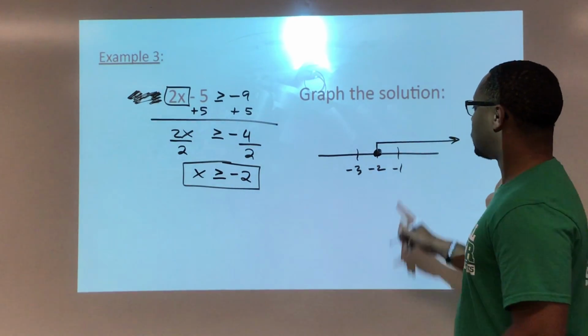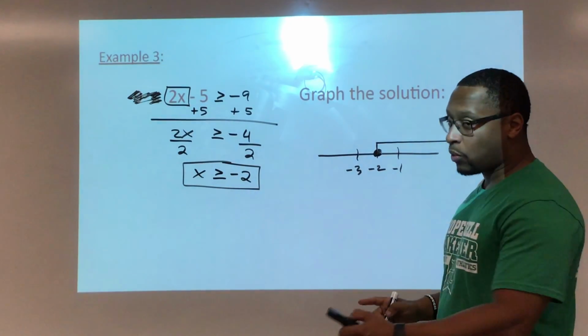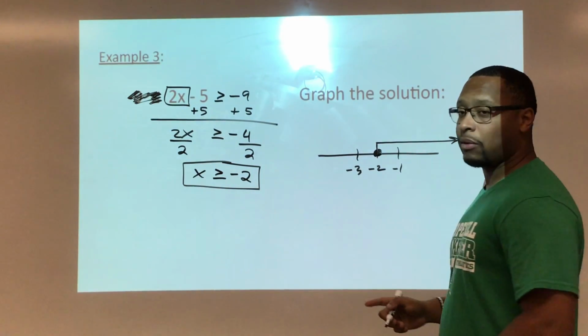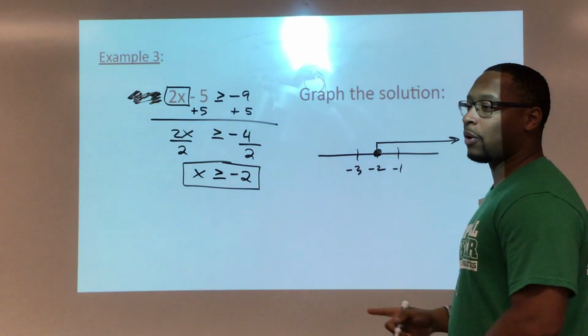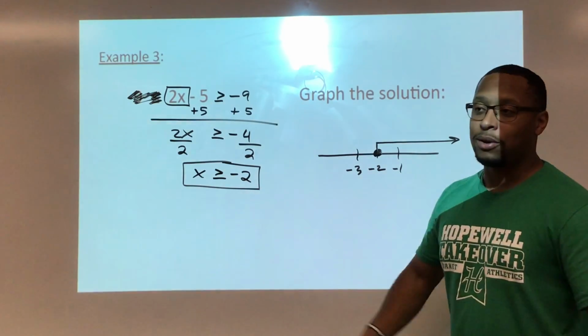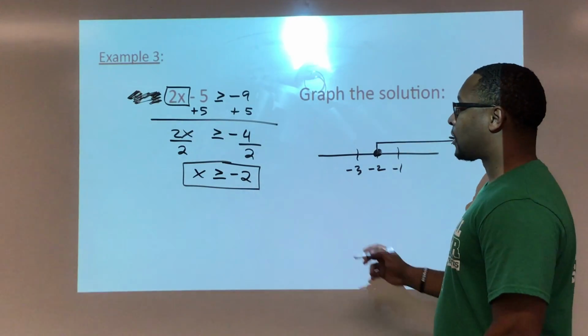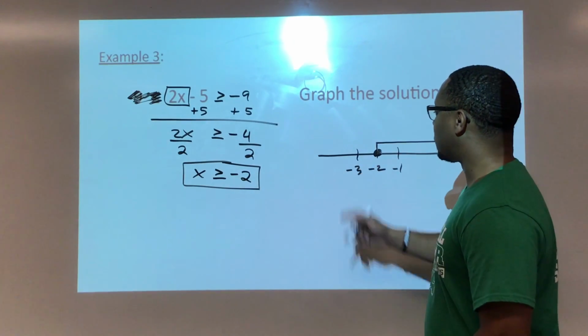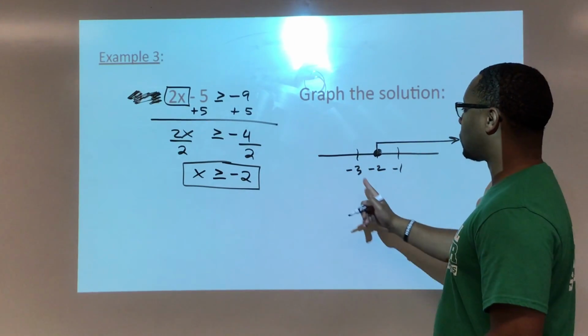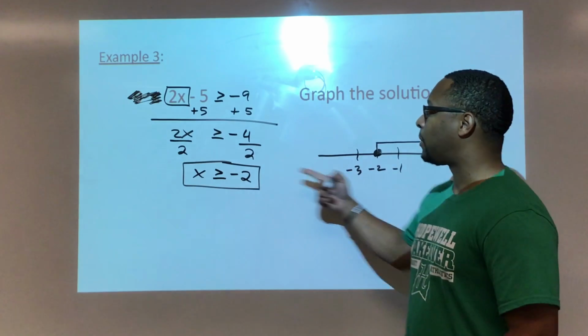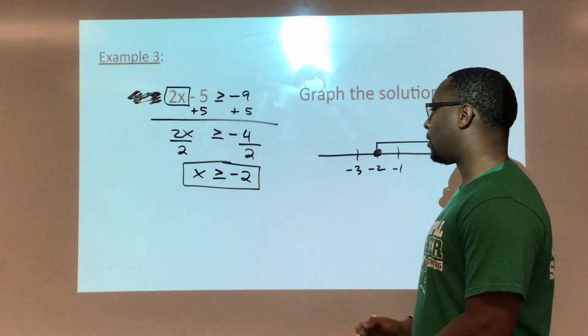So, since negative 1 is greater than negative 2, X can be negative 1. X can be 0, X can be 10, X can be 1,000,000, okay? But X cannot be any number that is less than negative 2, so it cannot be negative 3, it cannot be any other number going that direction.